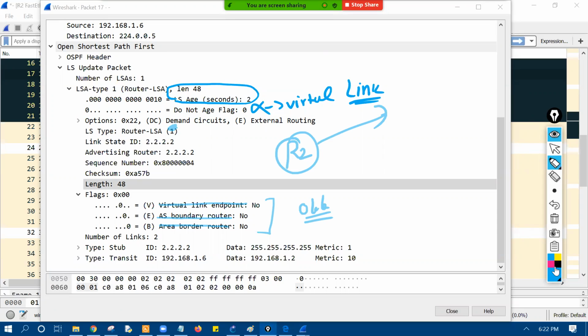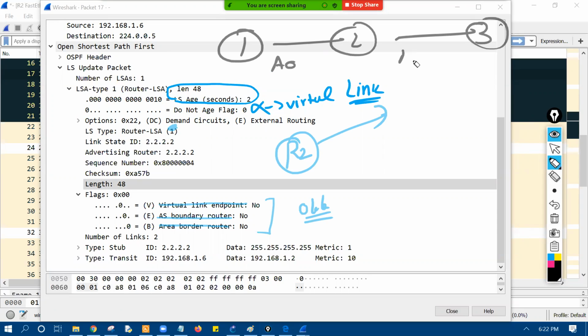For example, if this kind of scenario happens, R2, R3, area 0 and area 1, and R2 generates a router LSA, in this case R2 is an ABR router. If R2 generates the router LSA, then your flag will be on over there. So right now R2 is a normal router. That's why all the flags are 0.